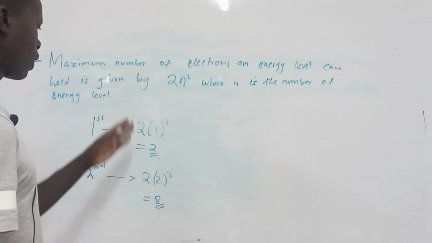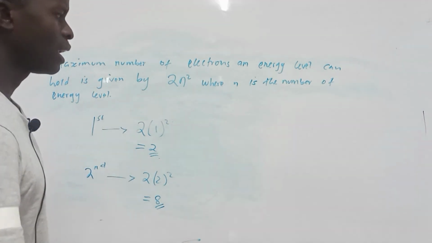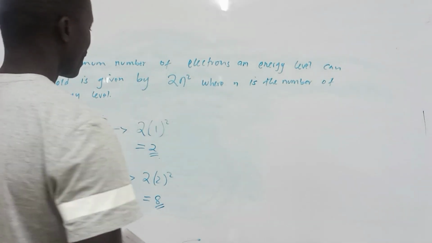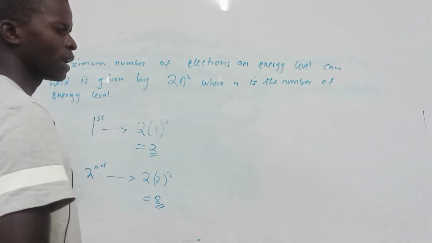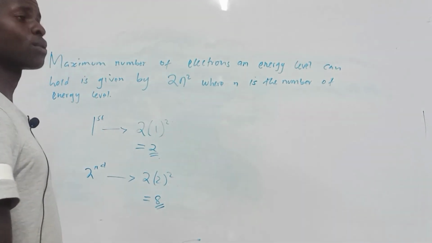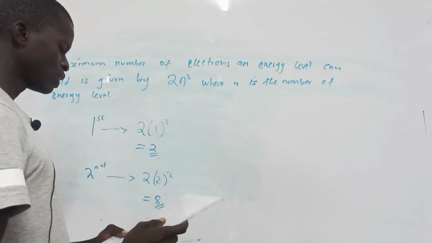So this formula only applies for the first 2 energy levels in the first 20 elements of the periodic table. For the third one, it only holds a maximum of 8 electrons, for the case of the first 20 elements of the periodic table.